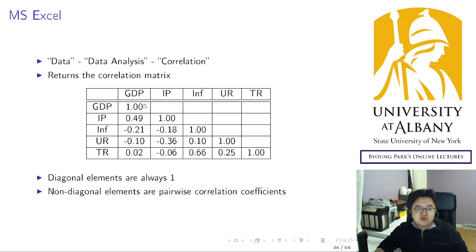You may think of it this way: this is the correlation coefficient between GDP growth rate and GDP growth rate itself. So it's the correlation between two same variables, so of course it must be a perfect correlation, right? Same variable. So all diagonal terms are 1, and non-diagonal terms are correlation coefficients.